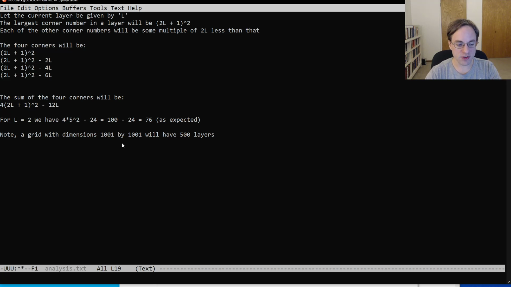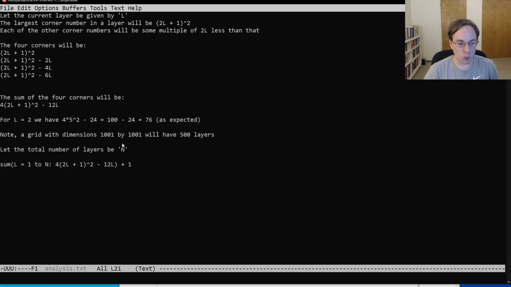Okay. So the sum for a particular grid, let the total number of layers be n. And so we're going to calculate the sum, L equals 1 to n, of 4 times (2L plus 1) squared minus 12L, plus 1.